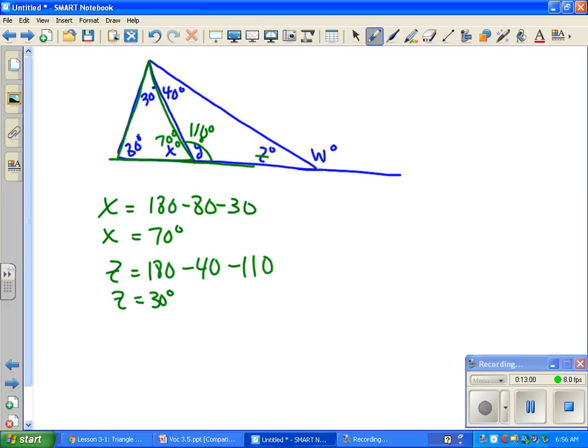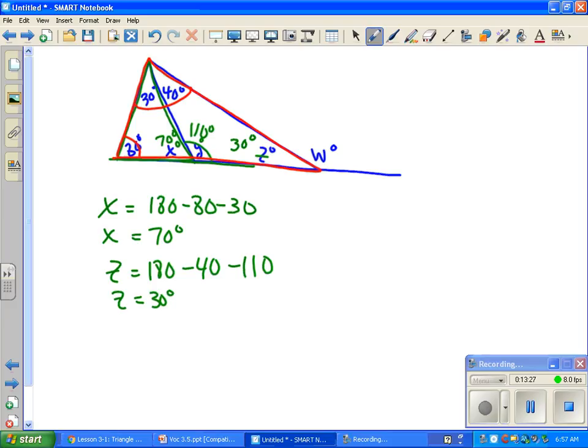But I could have gotten Z another way, so let's look at that. This whole picture is a triangle. So if this is 80 in this corner and this is 70 up here, 80 and 70 make 150. And with the 30 in the corner with Z, that also makes it work out to be 180.